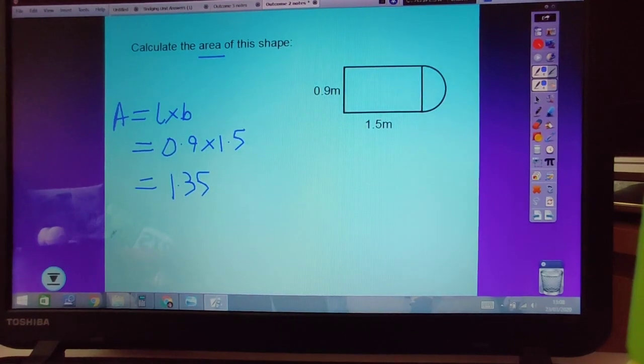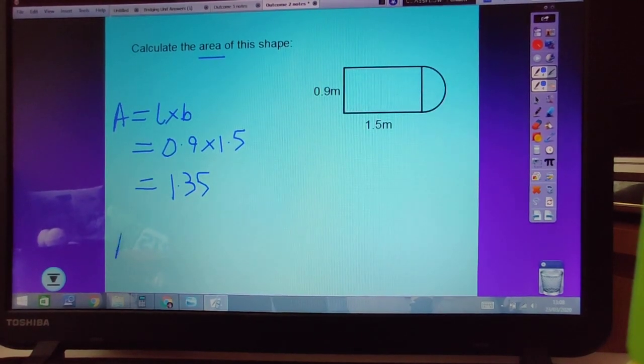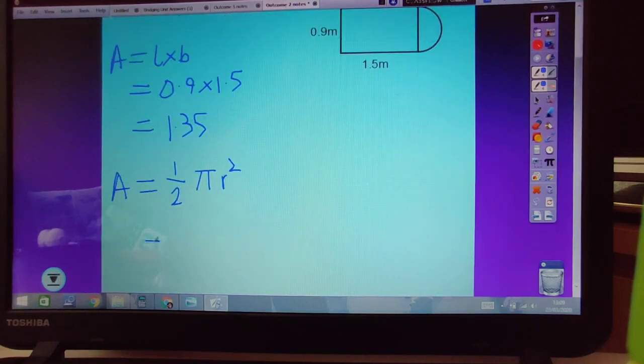We have to find the area of the half circle. If the area of a circle is pi times the radius squared, we can use the same logic as our previous example, and because it is a half, we can stick a half at the front. So for us, our sum becomes a half multiplied by pi. This 0.9 is the diameter of the shape, so the radius is half of that.